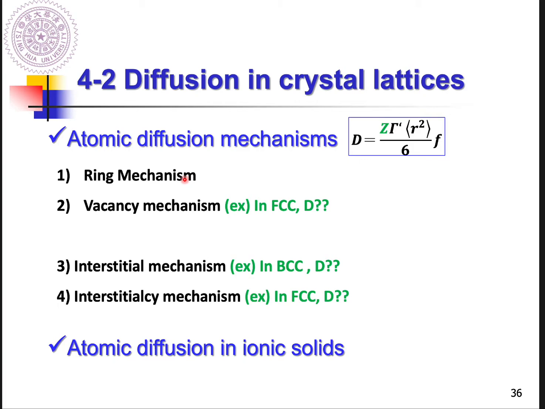Usually that will cause higher lattice distortion, so the energy barrier for these diffusing atoms is high. So you can only observe this kind of phenomenon at high temperature.